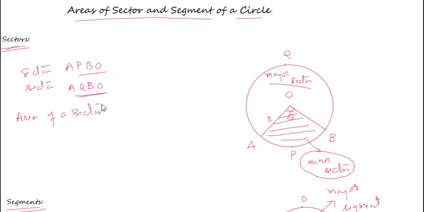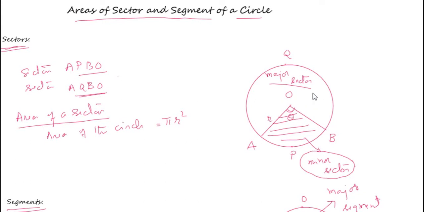How to find out the area of a sector? Area of the circle is pi r square. Now this is the center O. Area of the entire circle is pi r square.